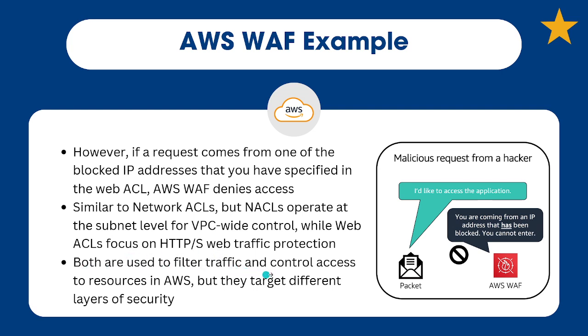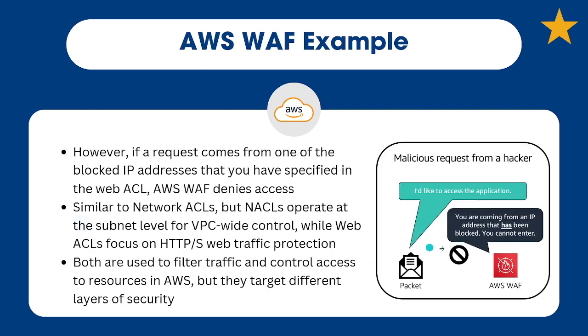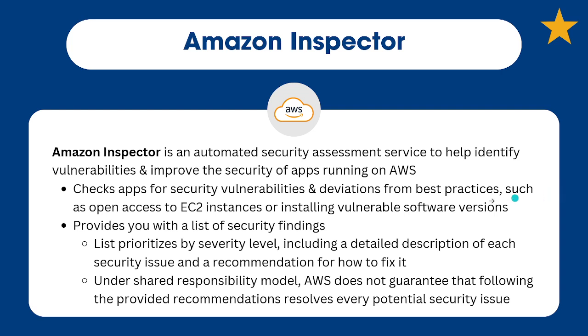So both are used to filter traffic and control access, but network ACLs are network level. Web ACLs are resource level, such as an app or website. Yeah, they do very similar things. And check it out right here. This is just WAF saying, hey, you're from one of those blocked IP addresses, so I'm not going to let you in to this resource.